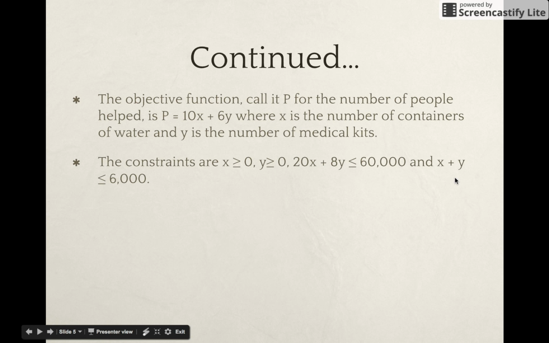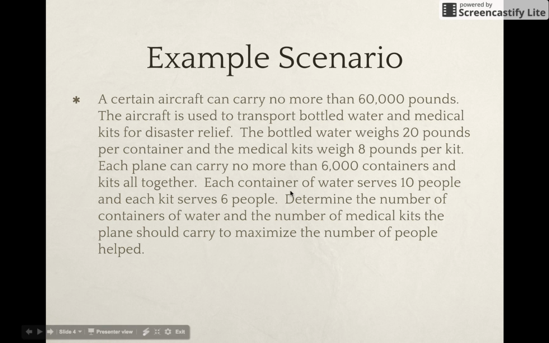The last constraint in this problem is x plus y is less than or equal to 6,000. And that comes from the scenario when it says that each plane can carry no more than 6,000 containers and kits all together.